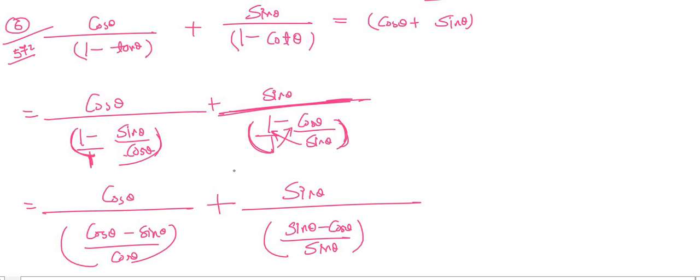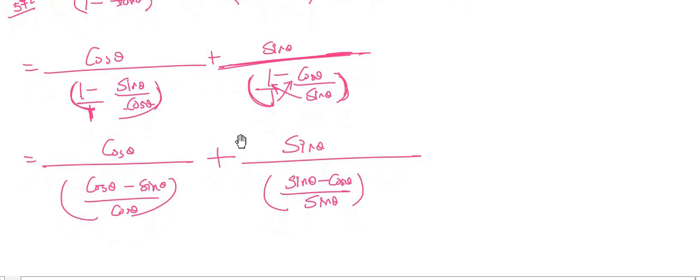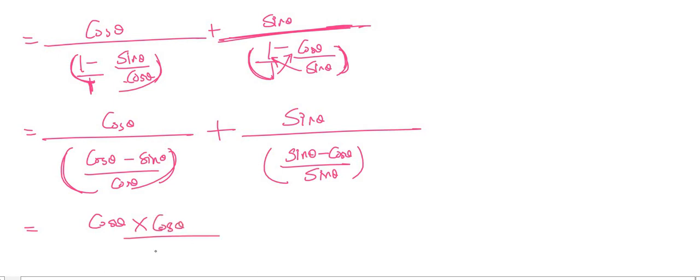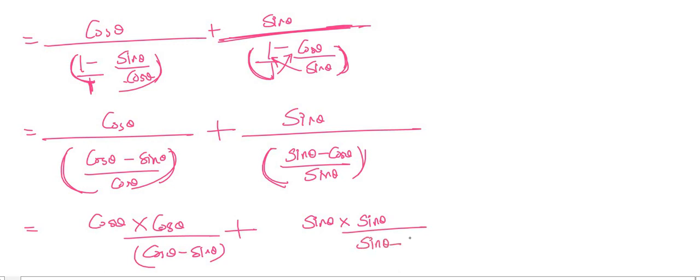What else can we do? Cos theta into this denominator will flip and come up. So cos theta by cos theta minus sin theta plus, this will flip and come up, right? This will be sin theta by sin minus cos.